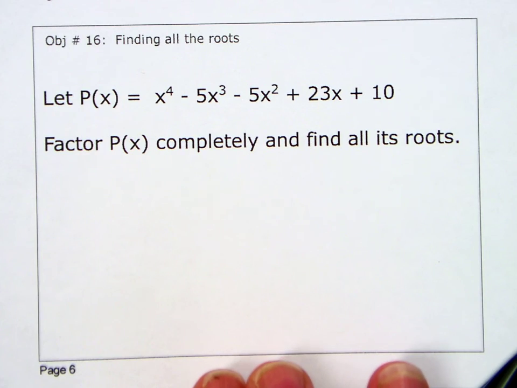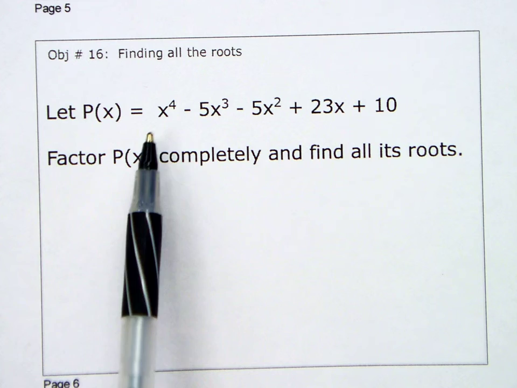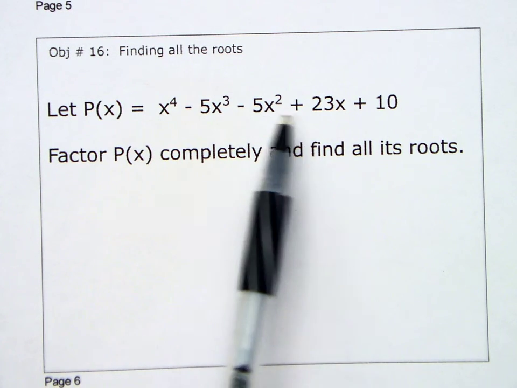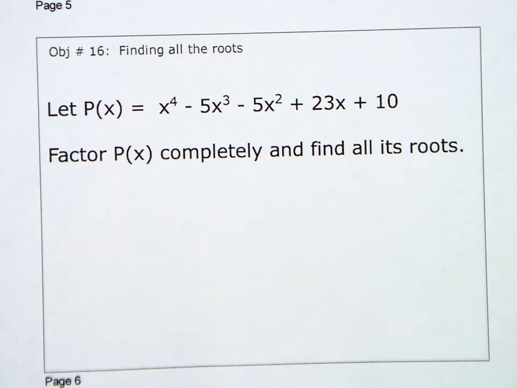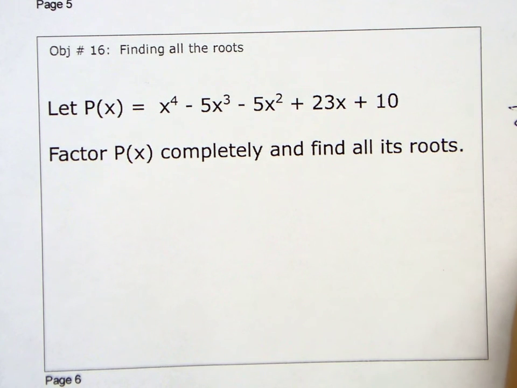All right. One more. This one we will have to do synthetic division. All right. X to the fourth minus 5x cubed minus 5x squared plus 23x plus 10. It's an x to the fourth. We have no method. Unless there was x's everywhere, there's no way around it, so we have to do synthetic division. Okay? So look. What are our possible zeros? So put down your possible zeros or roots.